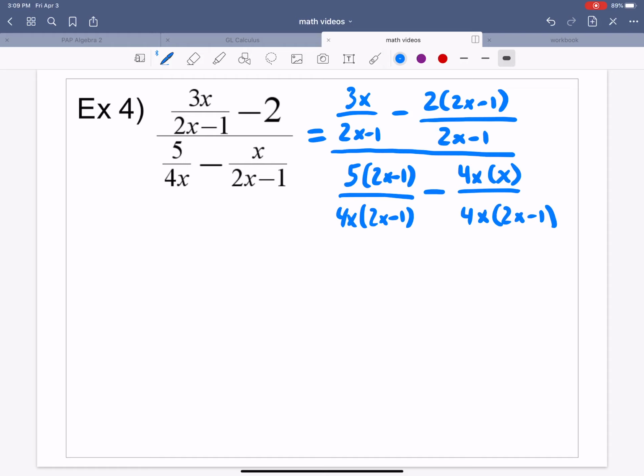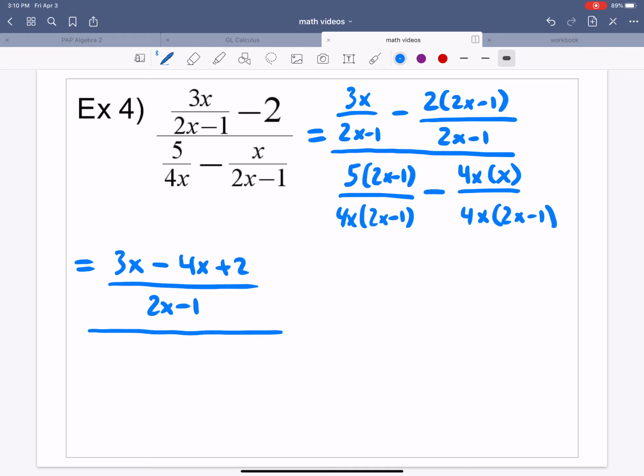All right, so let's clean this up a little bit. The top is going to be 3x minus 4x plus 2. Remember to distribute that negative sign. All over 2x minus 1.